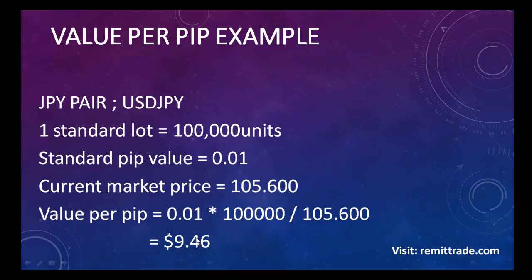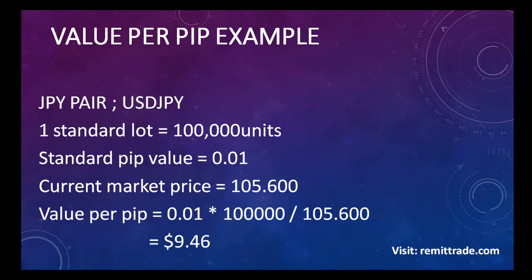So if you have 20 pips movement, it means you will have 9.46 times 20 pips. This times 20 pips will give you your profit. It's as simple as that. So that is how you calculate value per pip or pip value for JPY pairs.